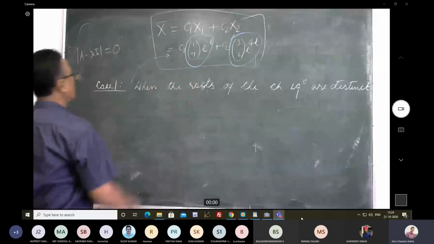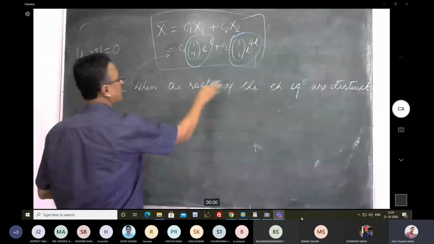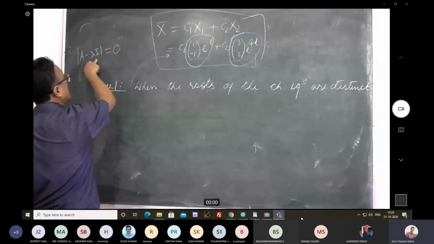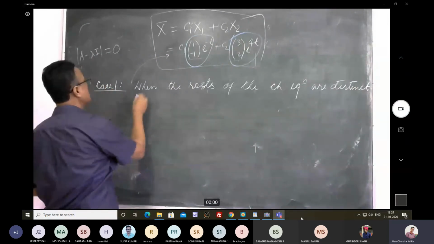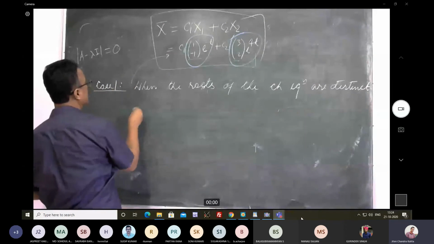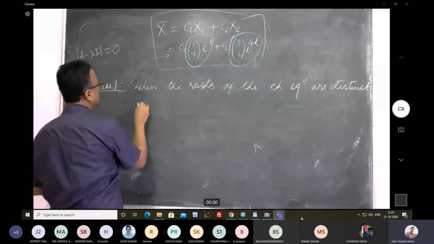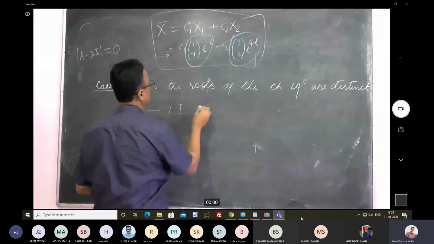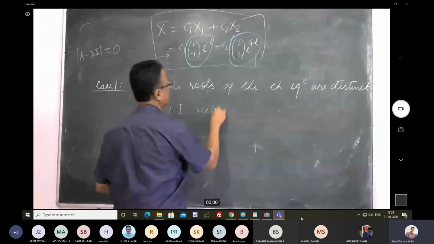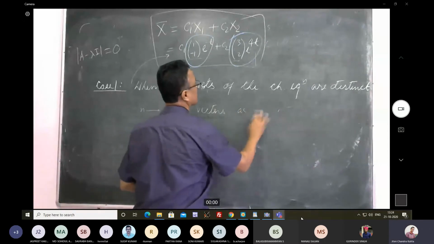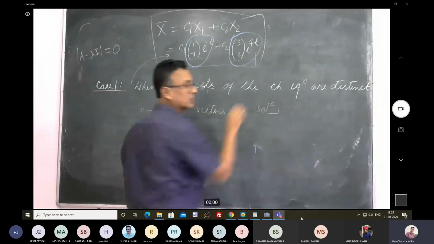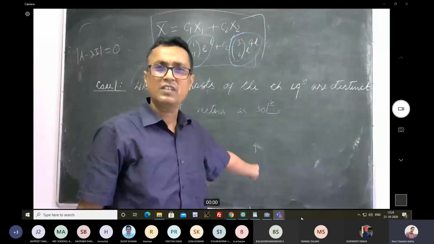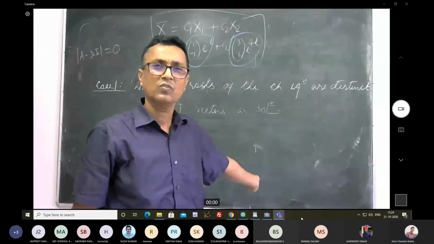So when the roots of the characteristic equation are distinct, you are always going to get a set of n linearly independent vectors as solutions. Probably from linear algebra also you are aware of that. Is it okay with everybody? Fine.